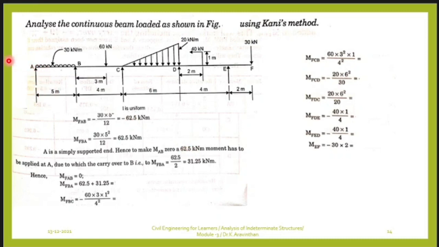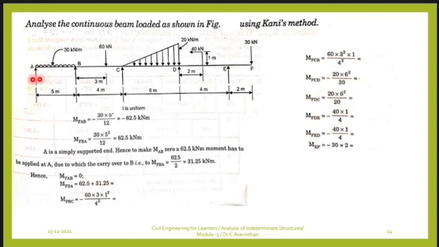And while removing, carry over half the moment to BA, and half of 62.5 will be 31.25. And the final moment at FBA is, you already have 62.5 at FBA plus 31.25. How did 31.25 come?